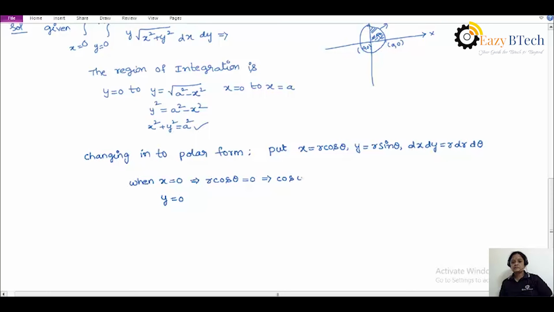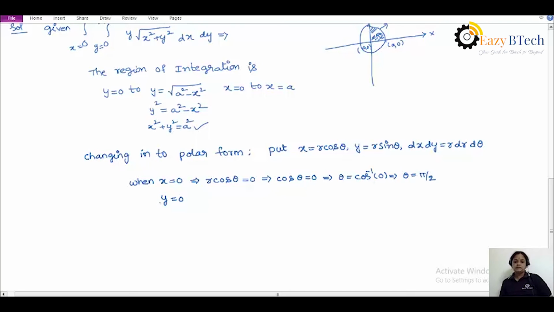Then cos theta is equal to 0 and theta is equal to cos inverse 0, which is theta equal to pi by 2.